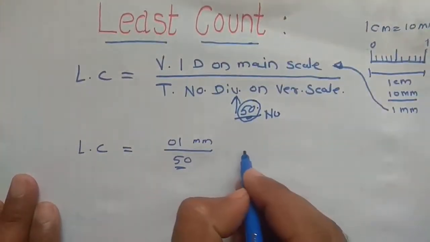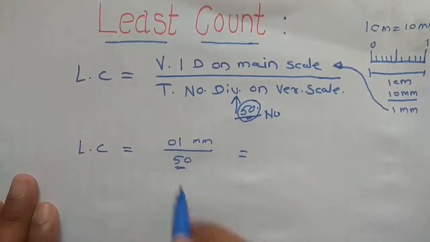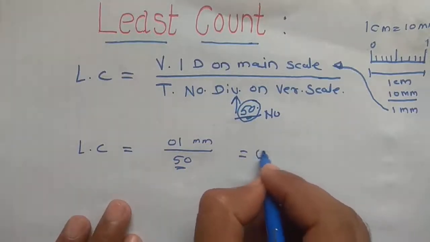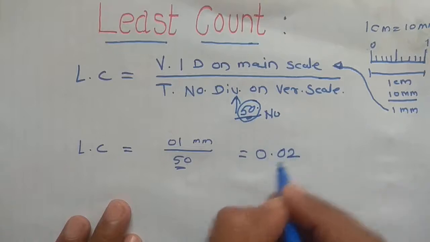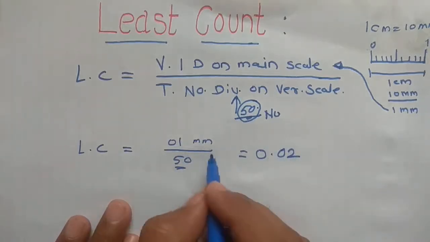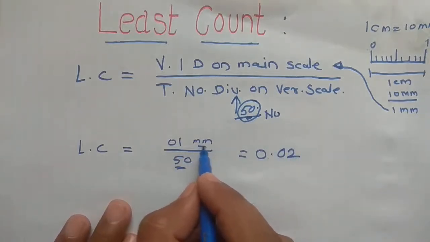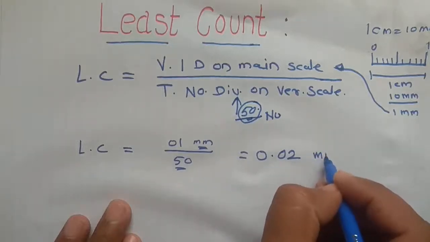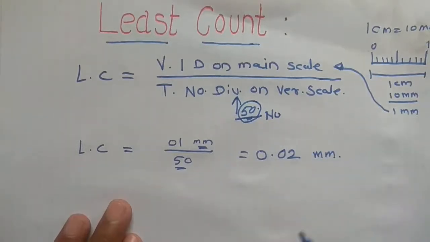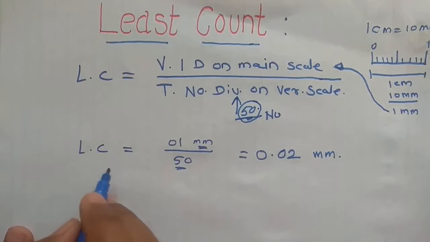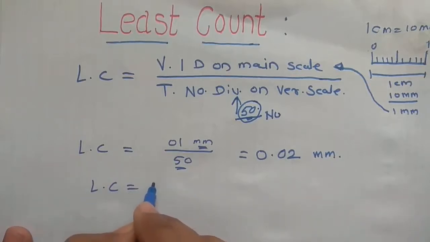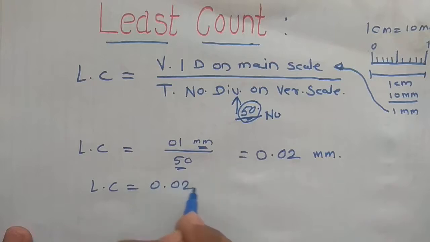When you solve this ratio, it is 0.02 and the unit is mm. In this way you can find the least count of the vernier caliper, that is 0.02 mm.